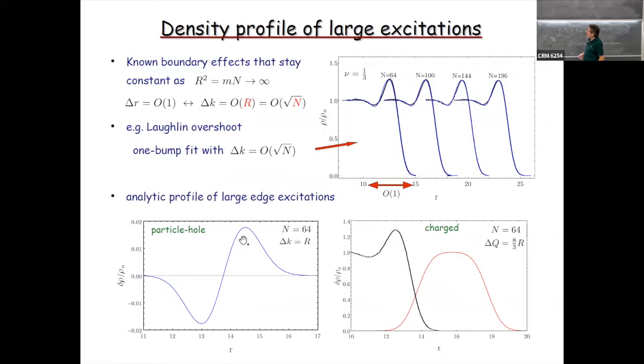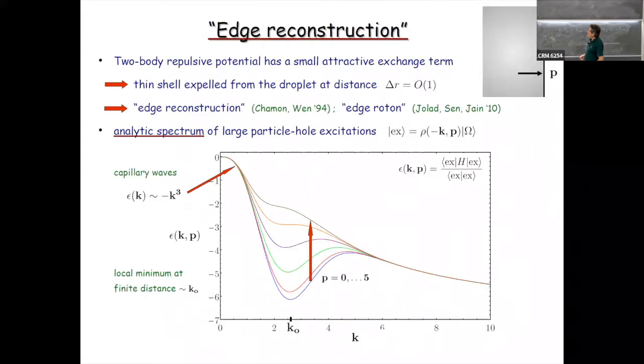And so this is the shape of a particle excitation I have computed analytically, and this is the shape of a charge excitation, to show you that it is a sizable effect that does not disappear when I take very large droplets. So it has a finite limit. Okay. So what can I describe? I can describe this effect of so-called edge reconstruction, which has been discussed many times.